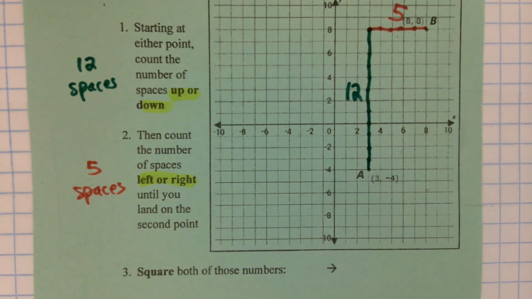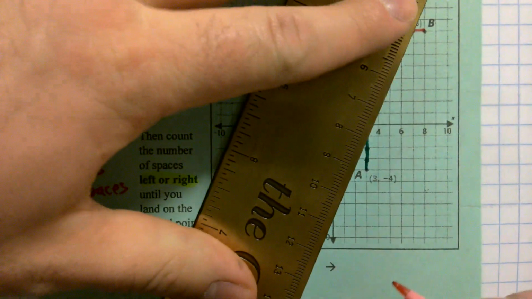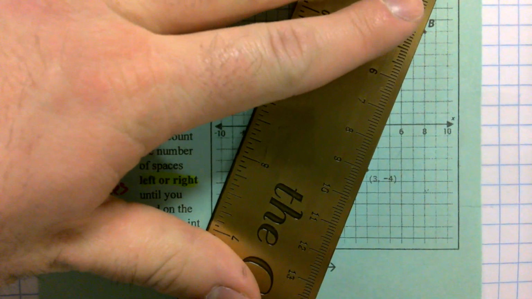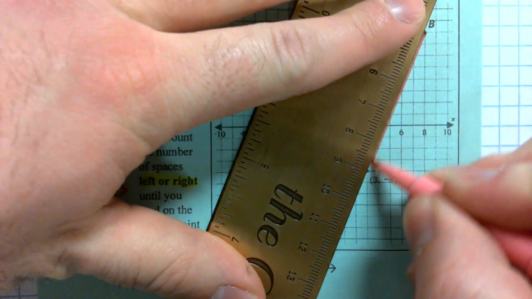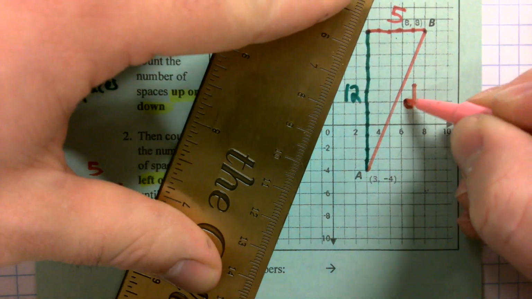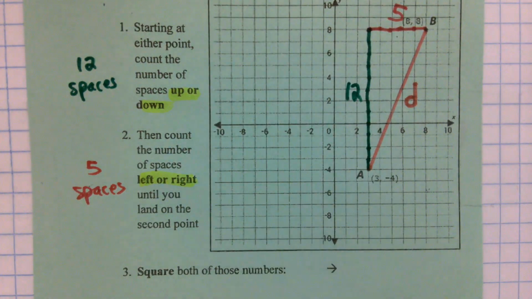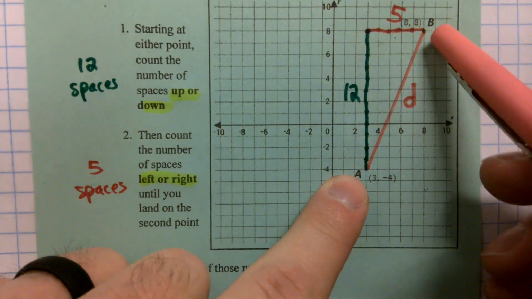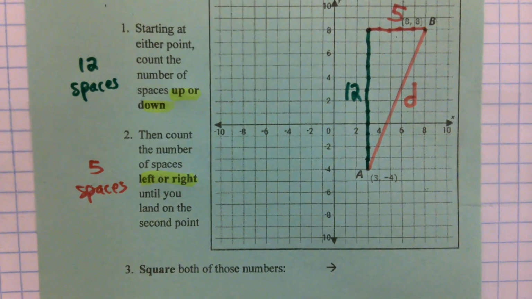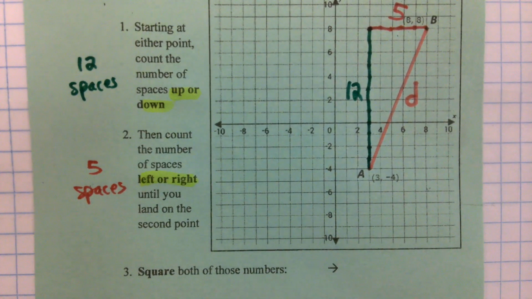Now we're going to use those two numbers to be able to calculate the length of this pink line. I'm going to call that pink line D, because that's the distance that we're looking for, the distance between point A and point B. Anyone realize what shape we just made there?